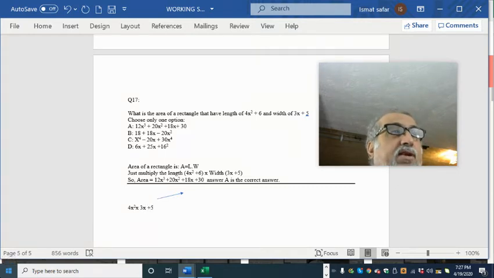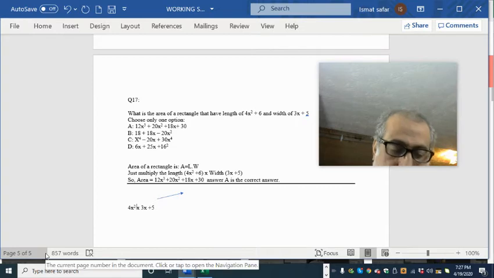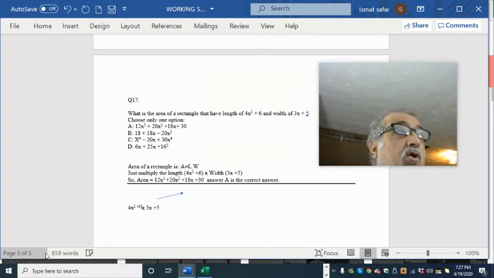This is times, actually, not x. Oh, I forgot the plus 6 here, plus 6.